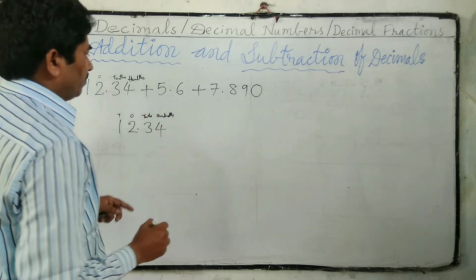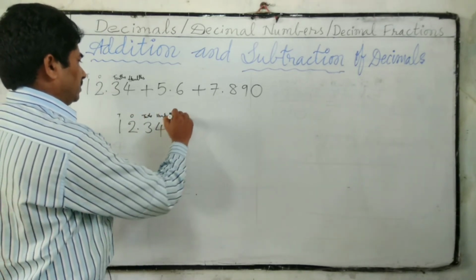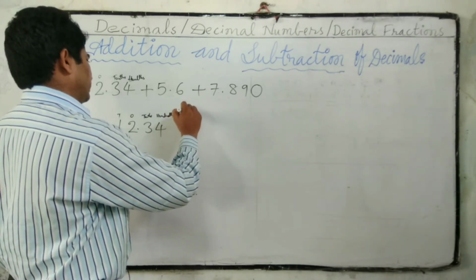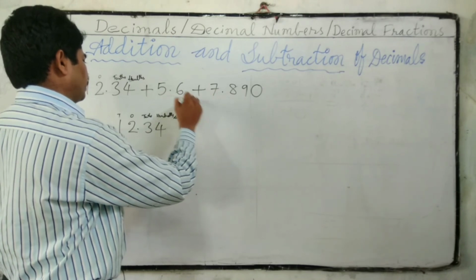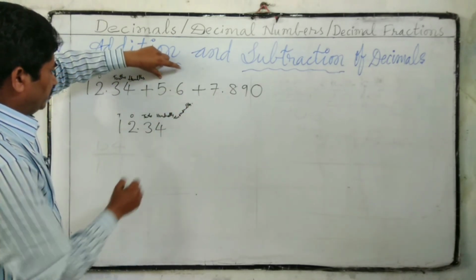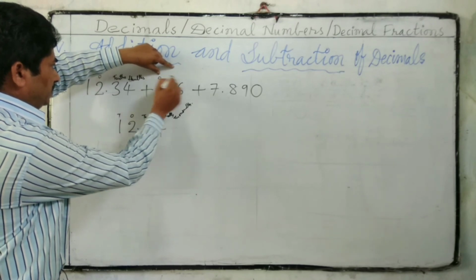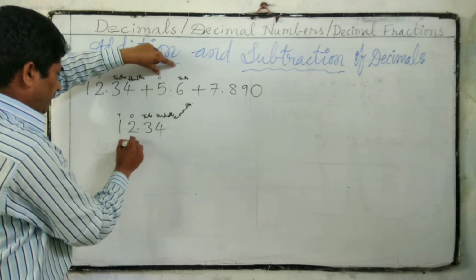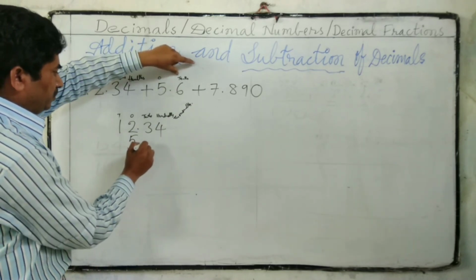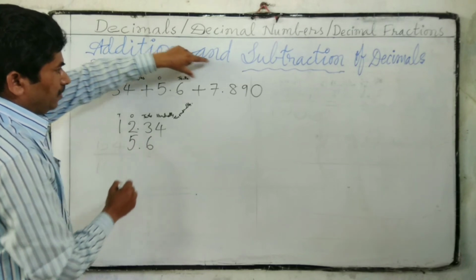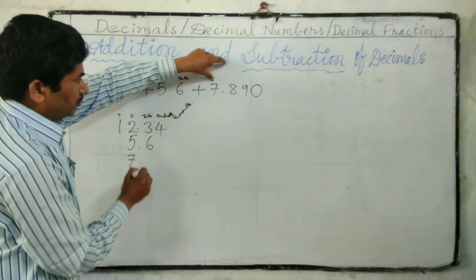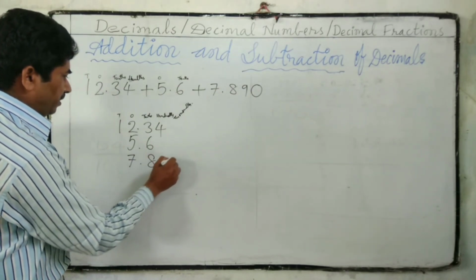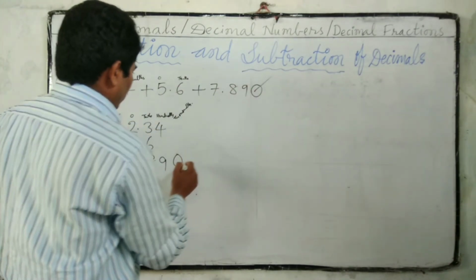If there is thousands, that also we have to concentrate. 5.6. This is ones, tenths. 5 is in ones place. This is in tenths place. 7.890. This is no value, no need of writing.